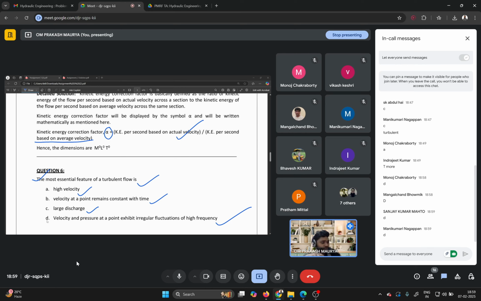Most of the students are telling option D will be correct. Yes, definitely option D will be correct.